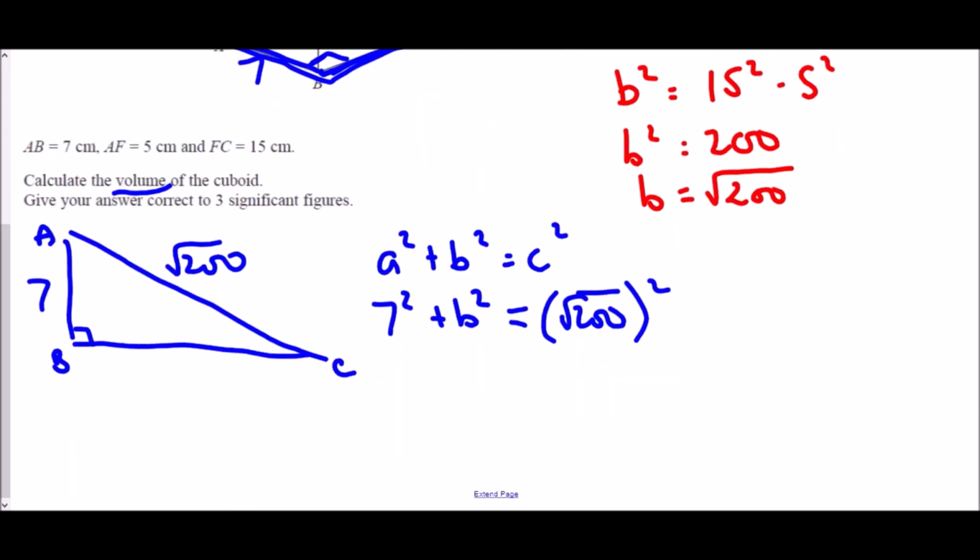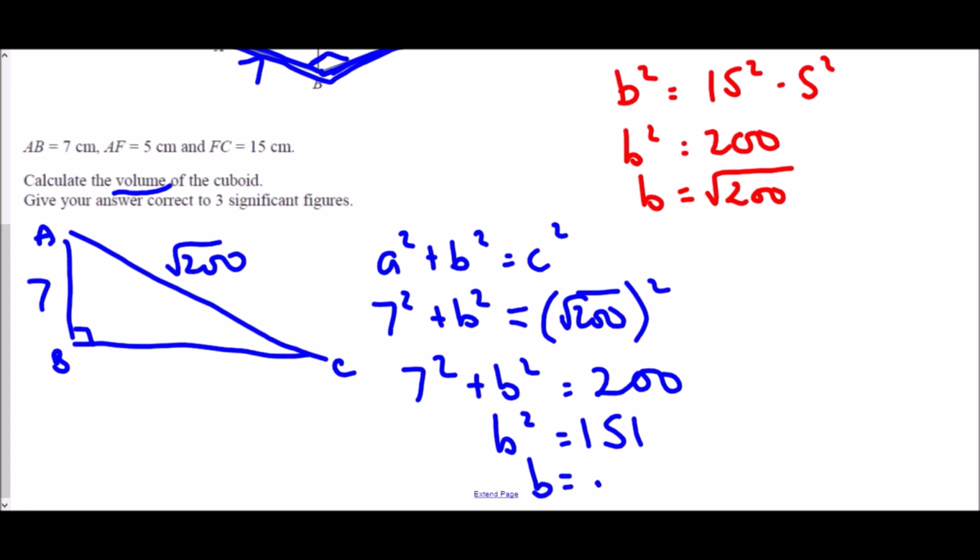Well, that is quite easy, because root 200 times root 200 is 200. So 7 squared plus b squared equals 200. And so b squared is 200 take away 7 squared. Well, 7 squared is 49, so that's 151. And so b is the square root of 151.